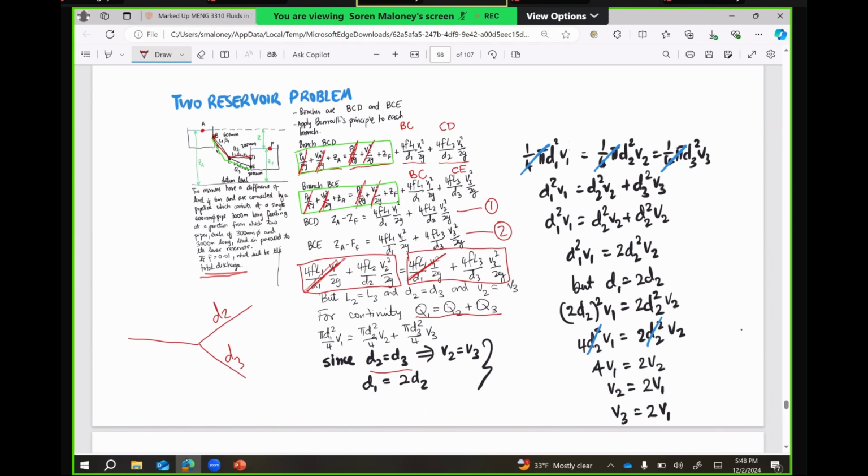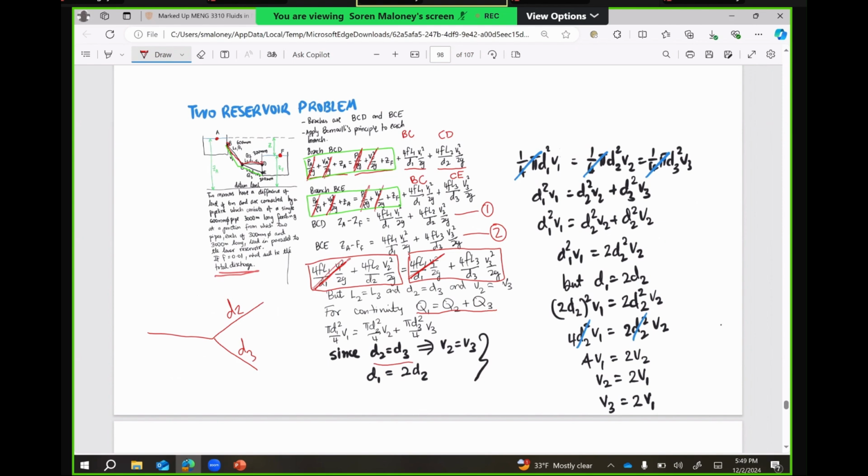And then I can go through and simplify even further, right? Q1 is equal to Q2 plus Q3. This should be a plus. And I have my continuity principle, right? But remember, we know that V2 is equal to V3, right? That's why we can substitute V2 in place of V3.